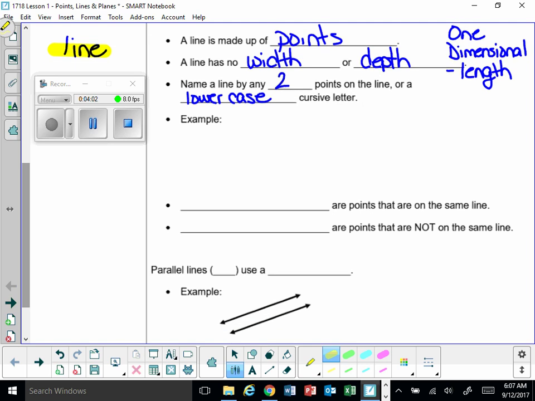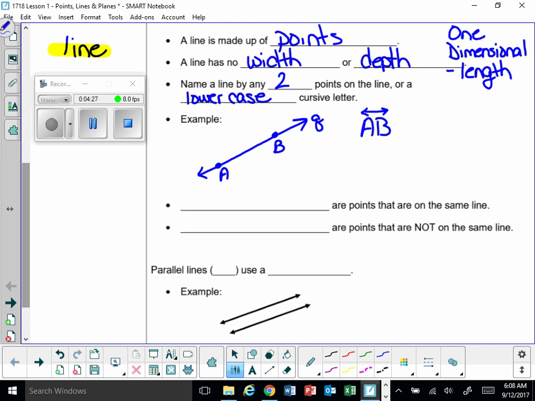Okay, so let's do a couple examples here. Okay, there's my lowercase q. I could name this as line AB, capital A, capital B, with a little baby line symbol on top. That symbol is super important.